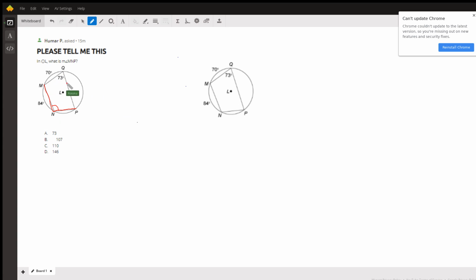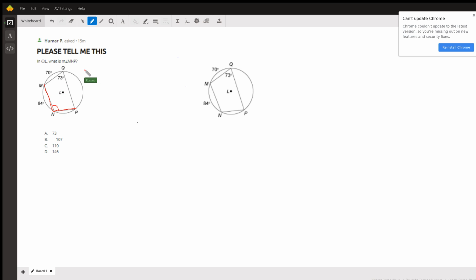Here we have a quadrilateral, a four-sided figure, inscribed in a circle, or inside the circle. Now, the shortcut here is when you have a quadrilateral inscribed in a circle, the opposite angles are supplementary.